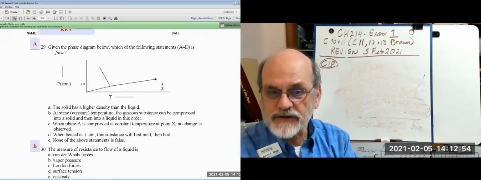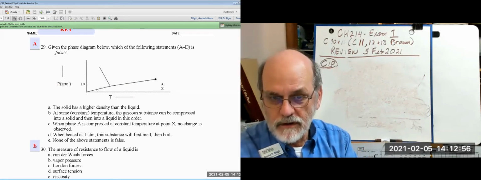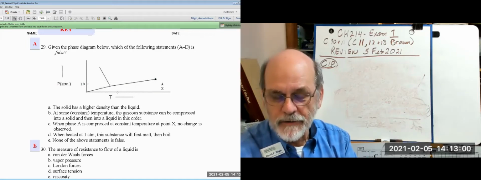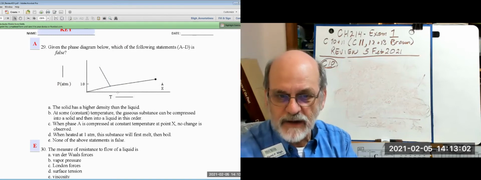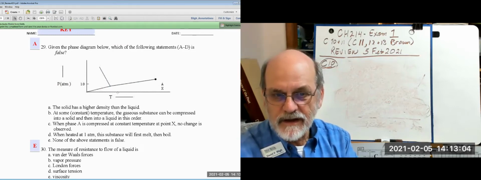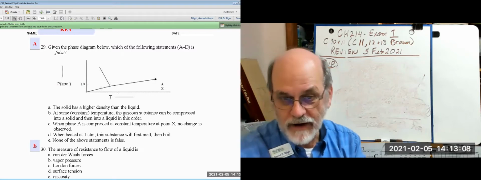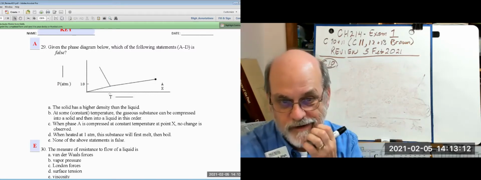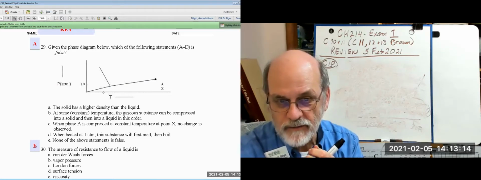At some constant temperature, right? So here, and then we would do something with the pressure, the gaseous substance can be compressed into a solid and then into a liquid, right? So at some constant temperature, you can compress from gas into solid and then liquid.